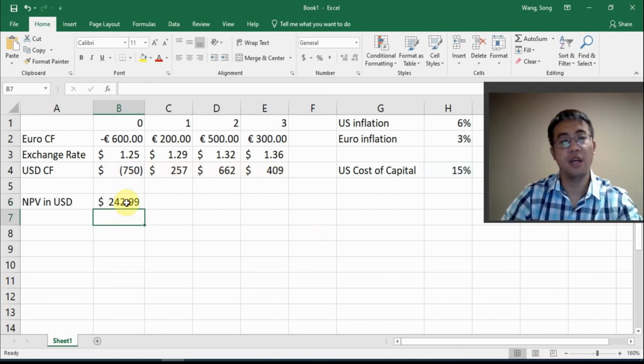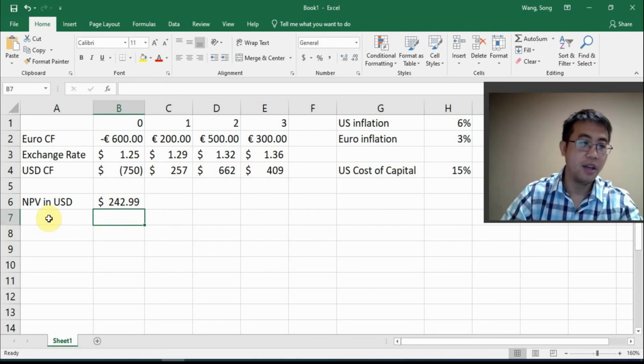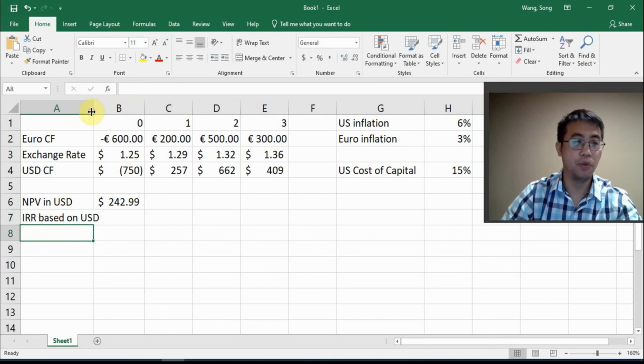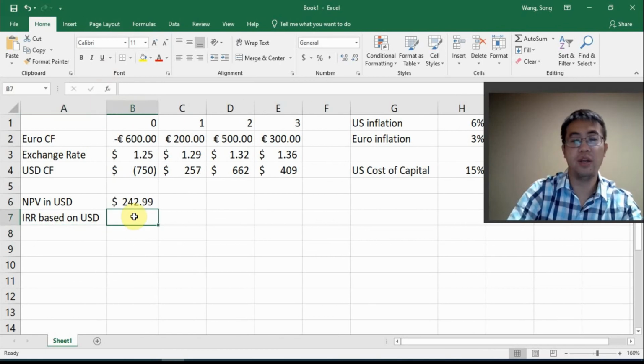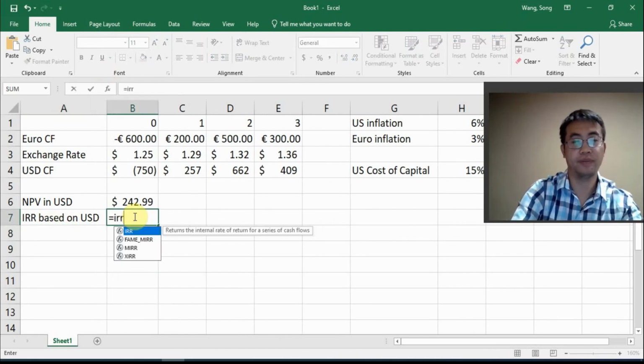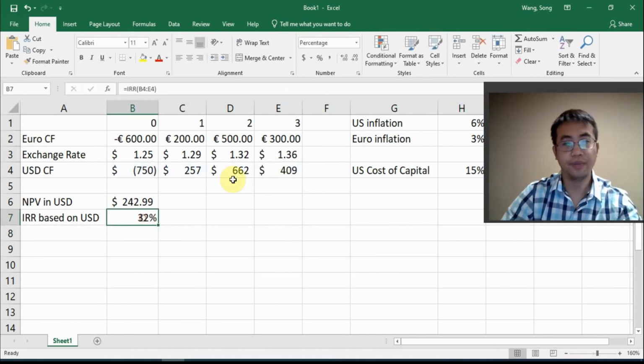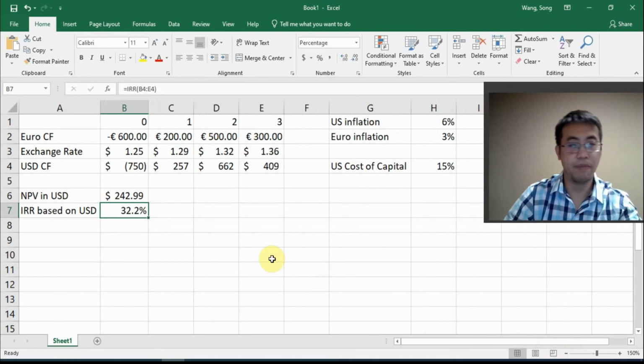So this is my NPV in US dollars. And if I want to get the IRR, the internal rate of return, based on the US dollar cash flow, it comes out as a percentage. This is also super easy to do. You just use the IRR function, and that's it. And this 32.2% is greater than the 15% cost of capital. This is a good project.